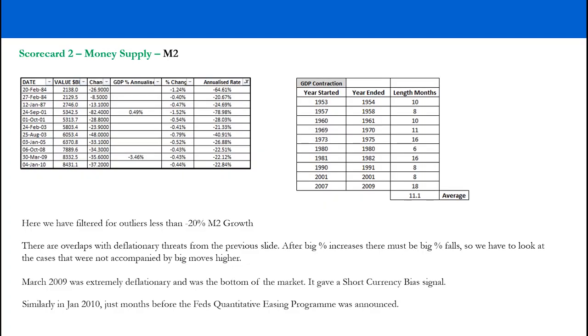So you can see that when you strip out the big negative moves associated with the big positive moves, the big percentage move followed by a big percentage down move because of a natural cause and effect on the numbers, what you're left with is cases in history where the Fed has allowed the money supply to go lower and then followed it with big increases in the money supply.